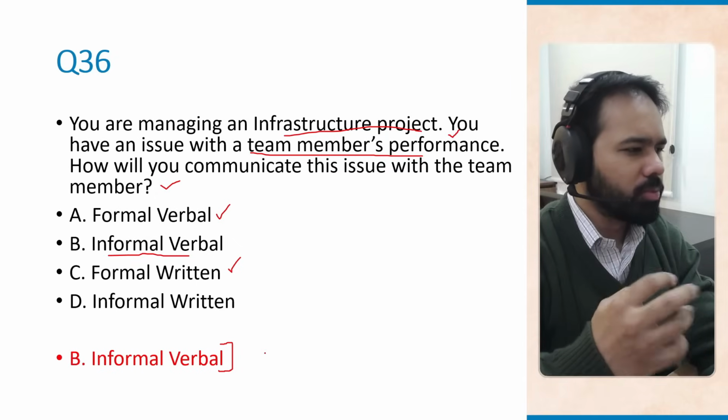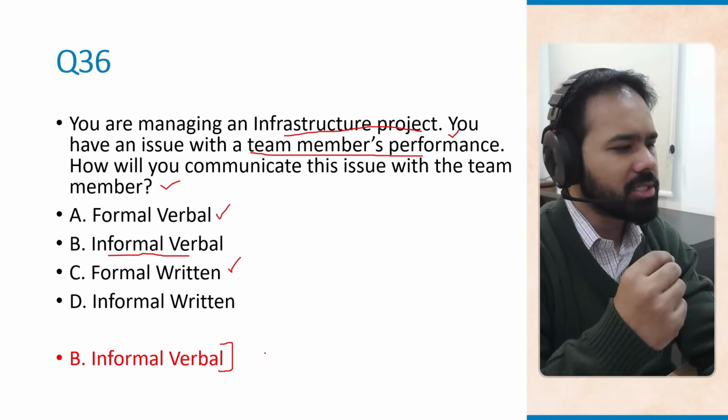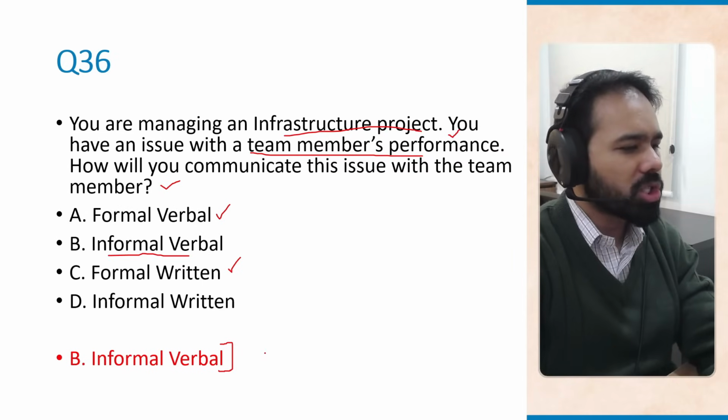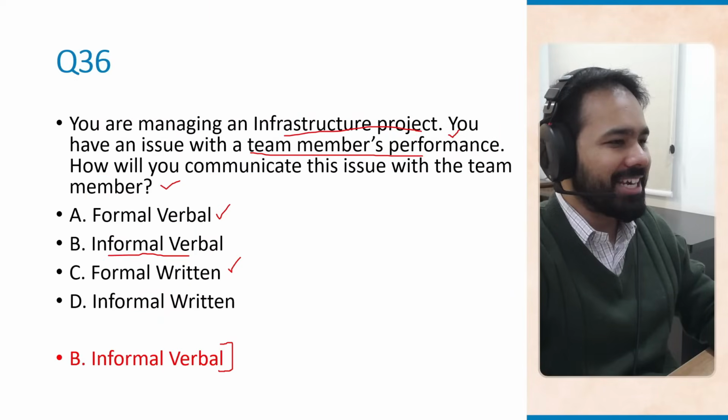Here's a tip for you: you should always handle performance concerns at the lowest possible level first. So never escalate, never involve higher management, never replace team members whenever it's about performance, because you as a project manager are responsible for feedback, for coaching, for mentoring, for making sure that your team performs the best that they can.